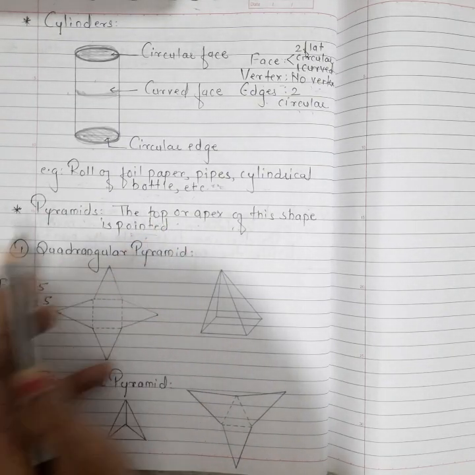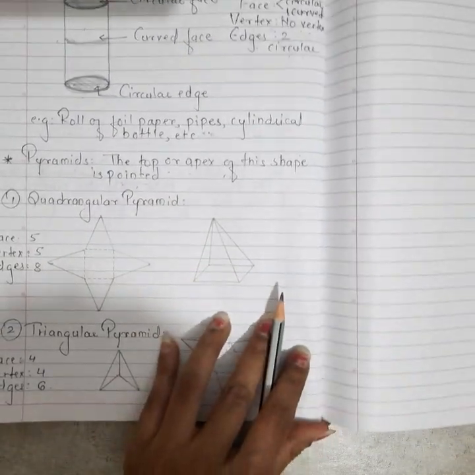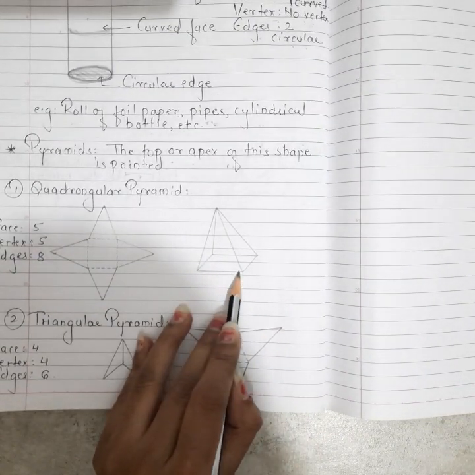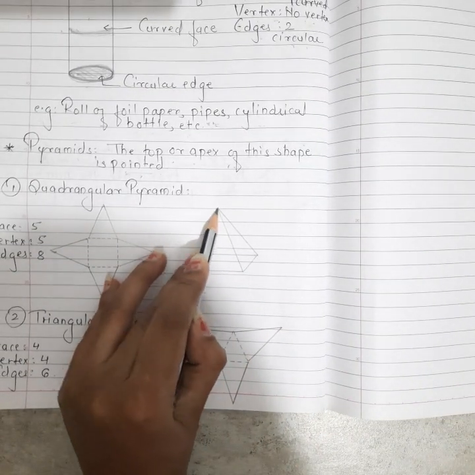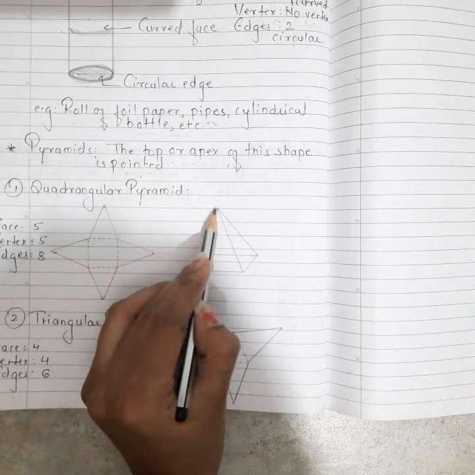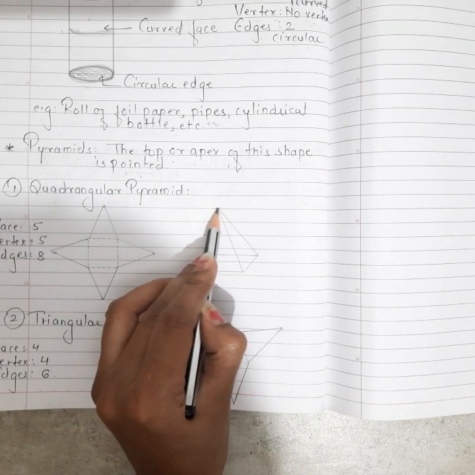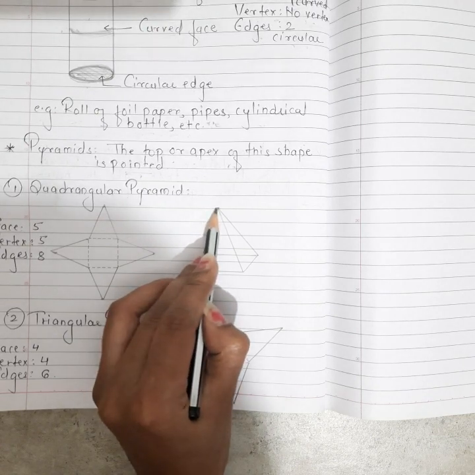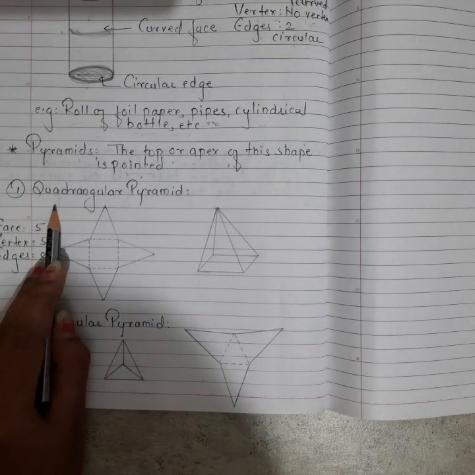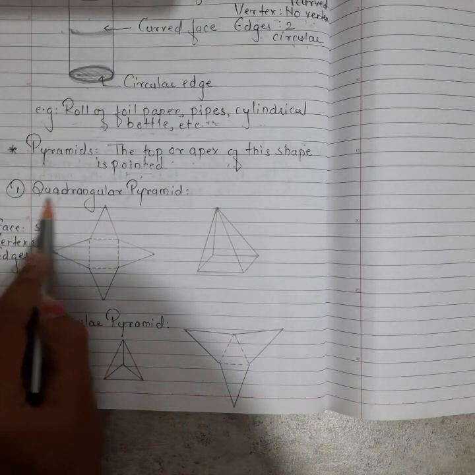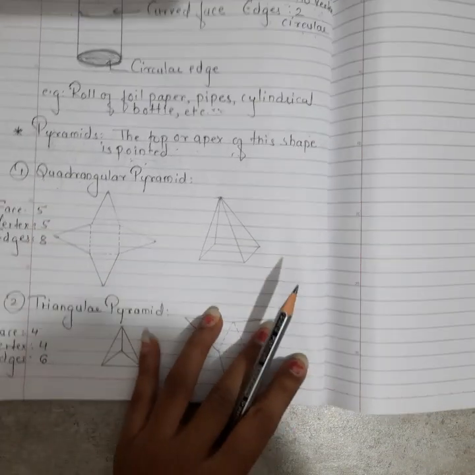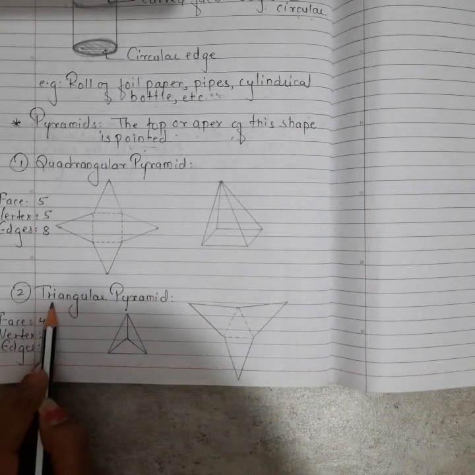Here I have drawn this diagram of a pyramid. It has the pointed apex, that is, a pointed top. So there are two types of pyramids. First is the quadrangular pyramid and the next is the triangular pyramid.